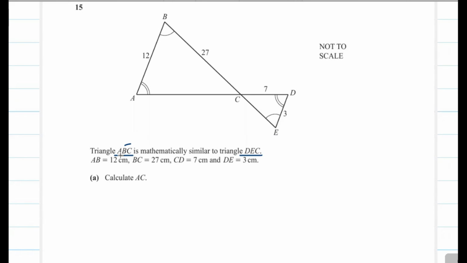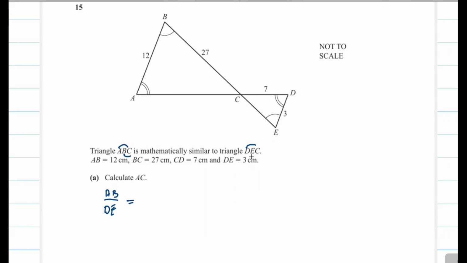Now we write the corresponding sides of these two triangles, AB over DE. You see here, this is AB, you take AB. And the corresponding side of the second triangle will be DE. Next is BC.